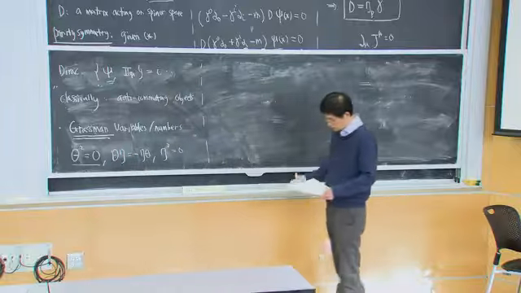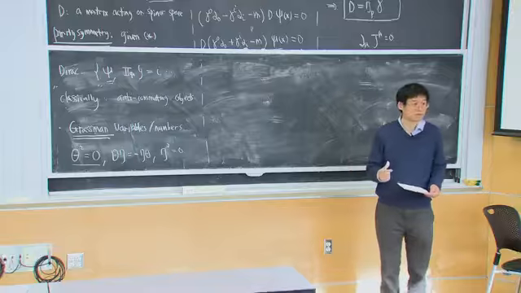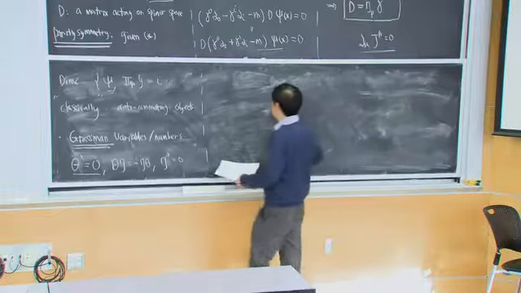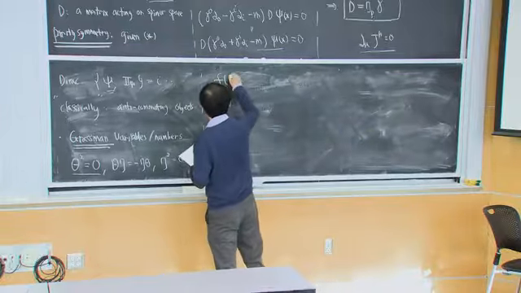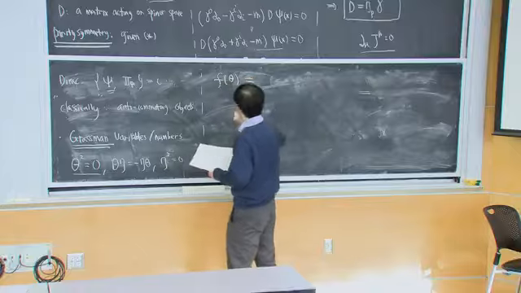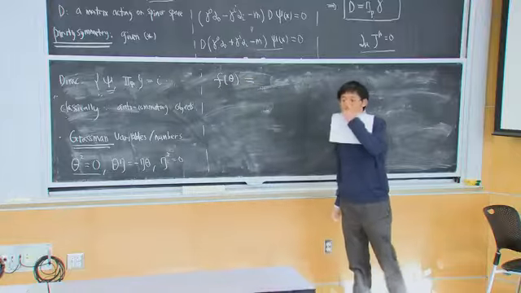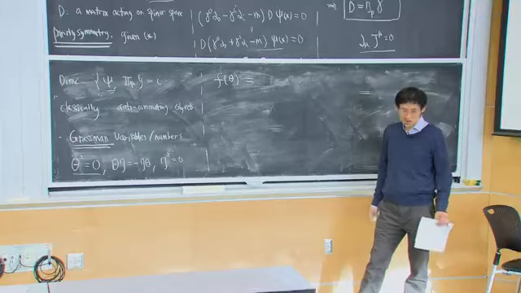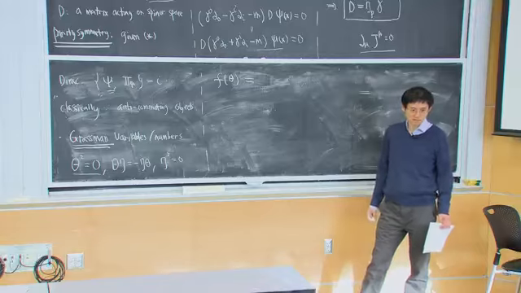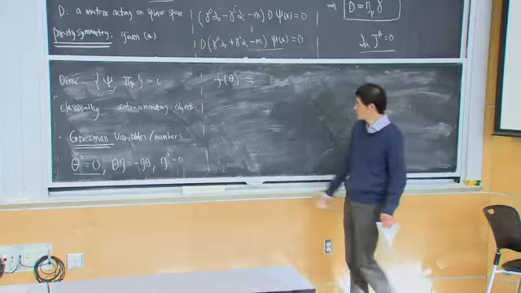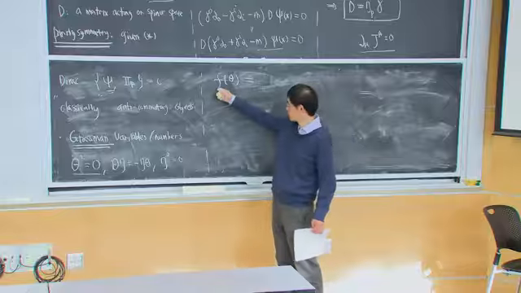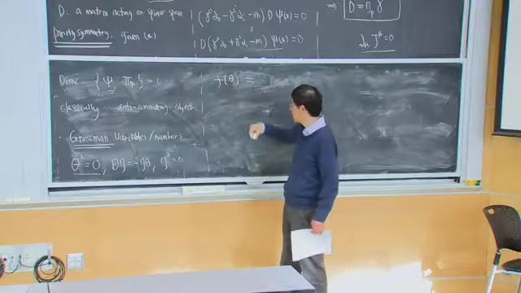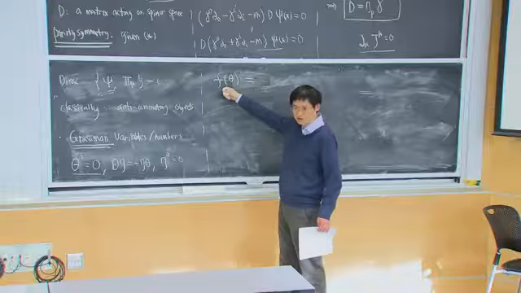Now we can also talk about functions of such objects. Say we have a function f of theta. We define the function in terms of a power series. Suppose we write down a Gaussian function or whatever function, we define this function by its power series.